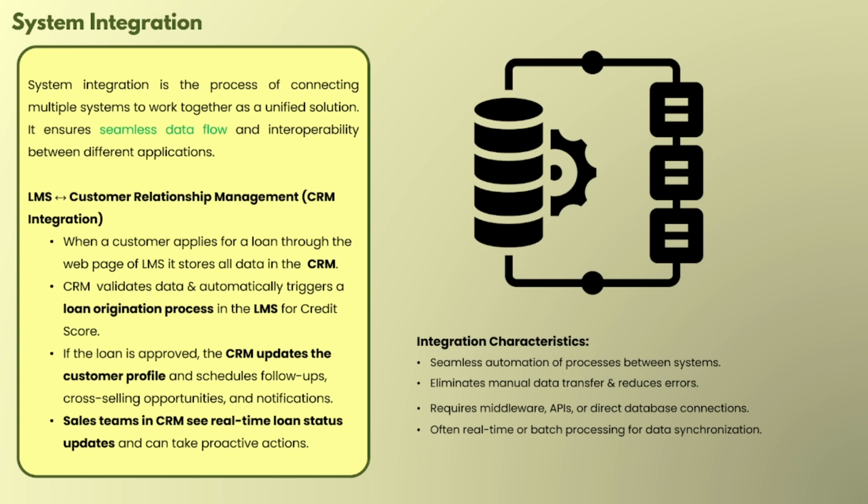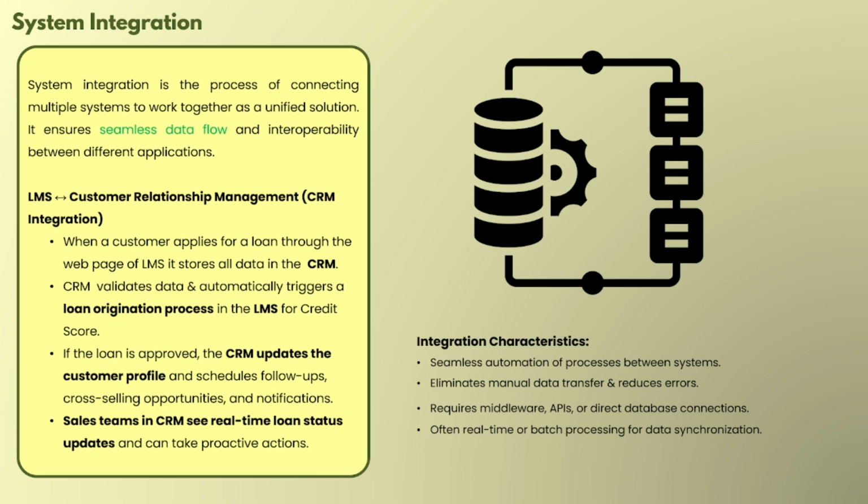A few data items related to the customer come via the loan management system to the customer relationship management software. Here the customer relationship management system will do validation. It is playing with the data. On the basis of the data, the CRM software has the ability to take a decision. It will not wait for any human interference.